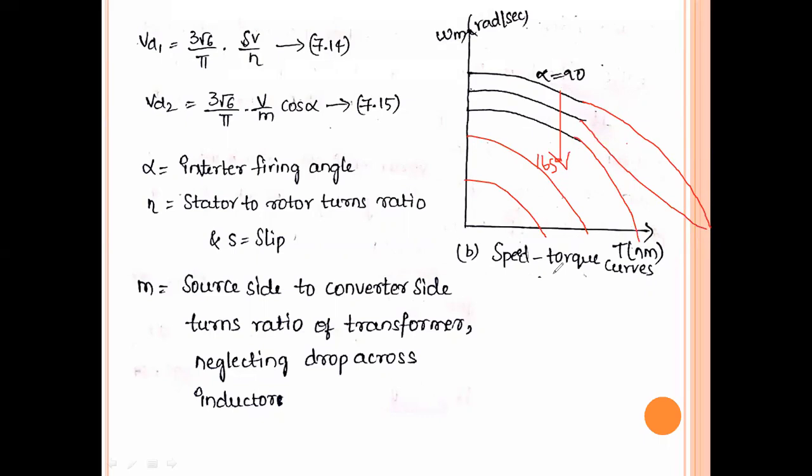So only a few applications require the operation of the induction motor below its synchronous speed. In those applications only, we can develop this static Scherbius drive in order to recover the slip power.